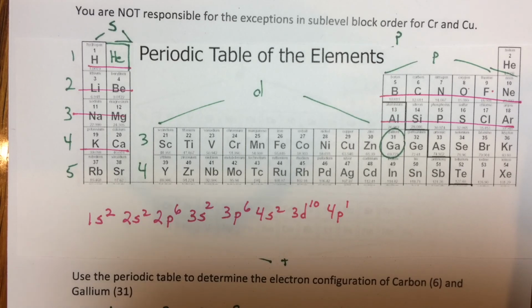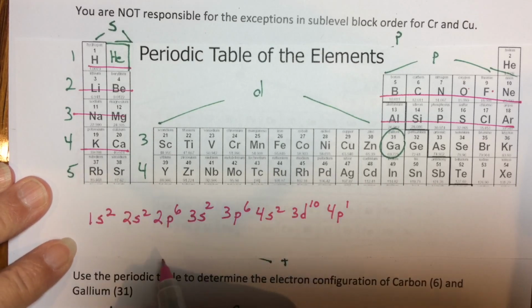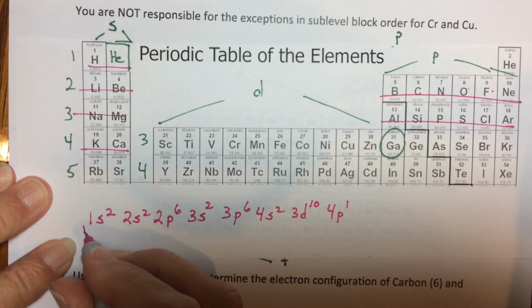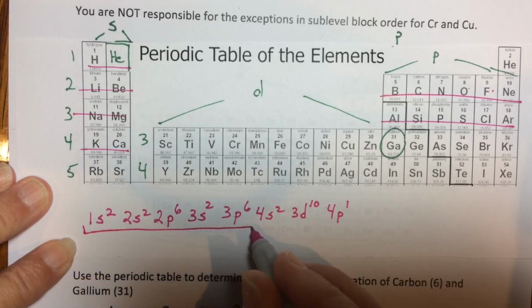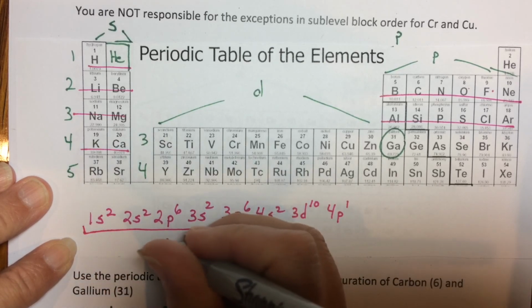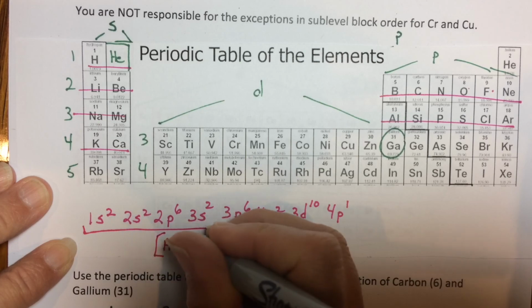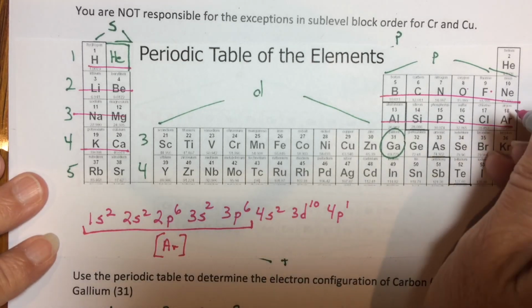Now, that's a lot to write out. And so you can go back and substitute for all this. We can substitute argon, and this gives us an abbreviated configuration. We come back to here.